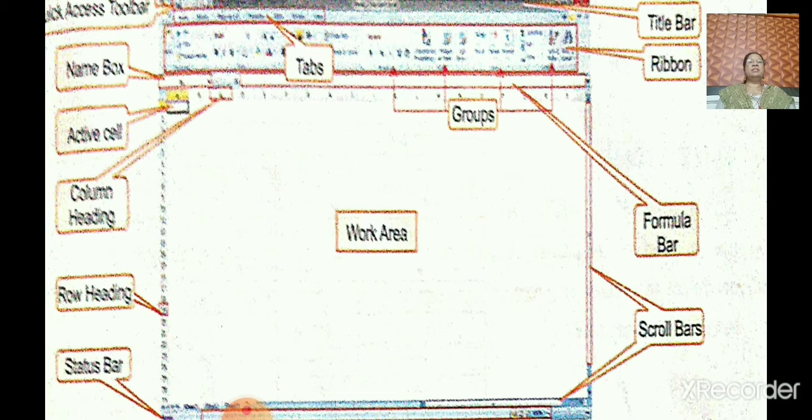Instead of typing such a long formula A1 plus B1 plus C1, you can use a short form: equal to SUM, the sum function, to add numbers. Equal to SUM, parenthesis, that is a bracket, and the cell addresses wherever your data is. Suppose it is B4 to G4, you have to write B4 colon G4, right?